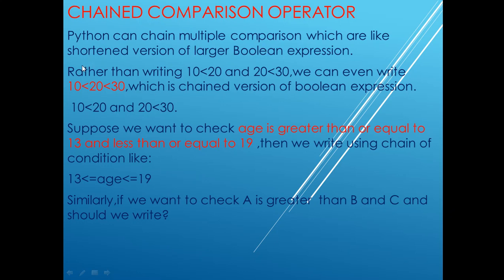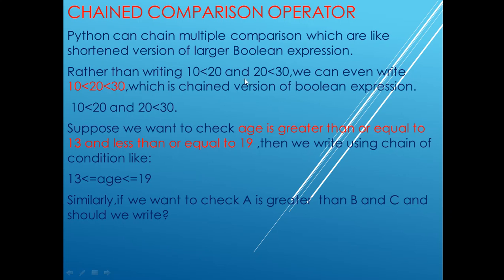So here, rather than writing 10 less than 20 and 20 less than 30, we can write it with a chained comparison as 10 less than 20 less than 30. Yes, 10 is less than 20 and 20 less than 30.